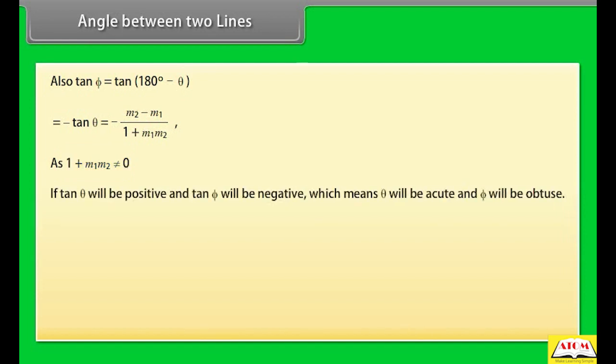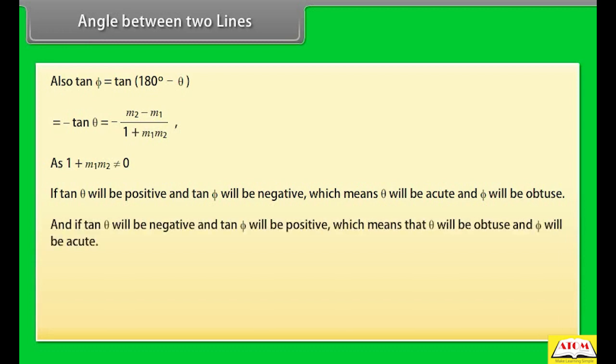If tan theta is positive, tan phi will be negative, which means theta will be acute and phi will be obtuse. And if tan theta is negative and tan phi is positive, it means that theta will be obtuse and phi will be acute.